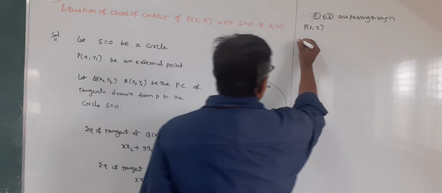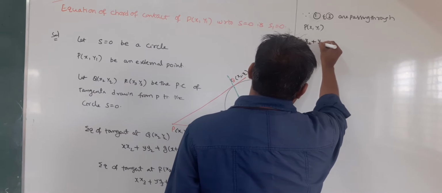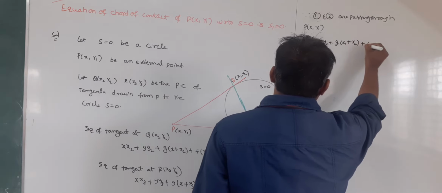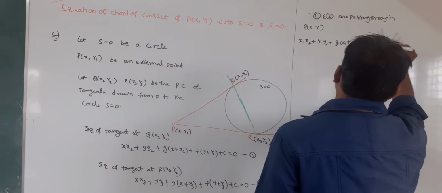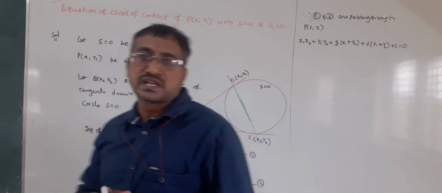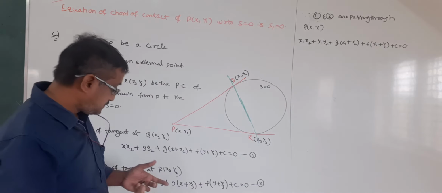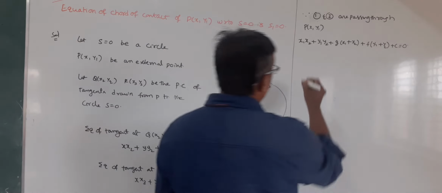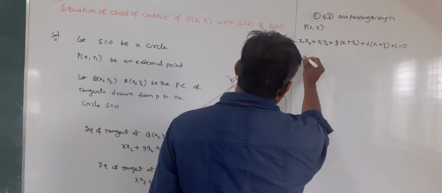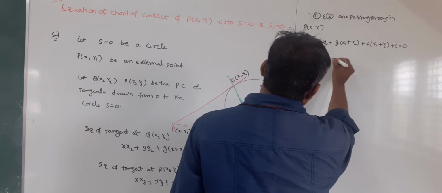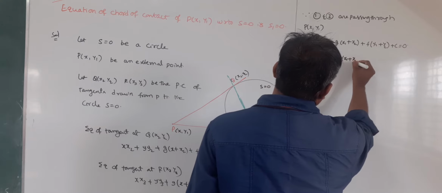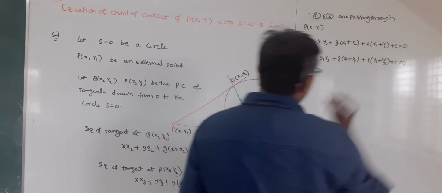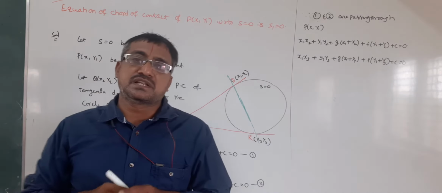You will get x1x2 + y1y2 + g(x1 + x2) + f(y1 + y2) + c = 0. Again, equation 2 is also passing through (x1, y1), so x1x3 + y1y3 + g(x1 + x3) + f(y1 + y3) + c = 0.